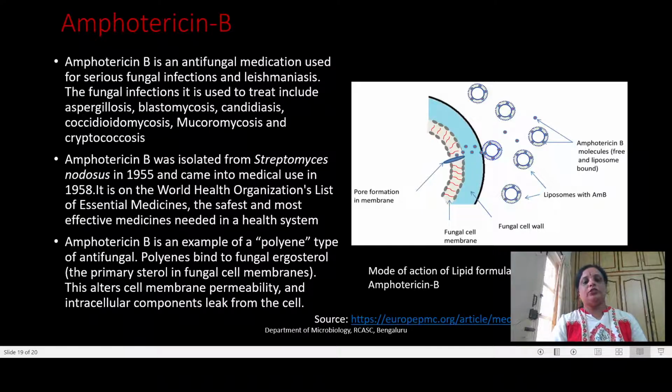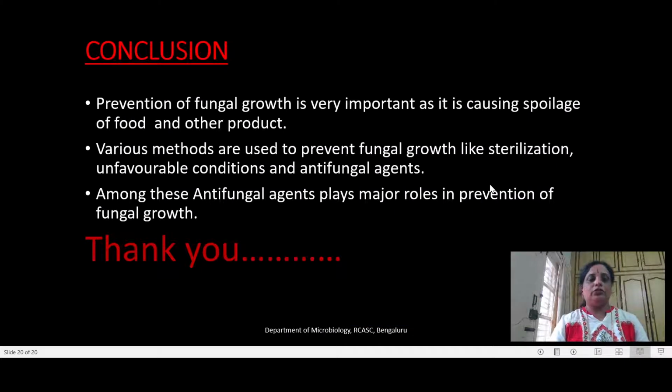Amphotericin B has been isolated from Streptomyces nodosus. Remember, Streptomyces nodosus, in 1955, and it has been used for medicine from 1958, and even the WHO has listed it as an essential medicine, and it is also one of the safe and most effective medicines in our health system.